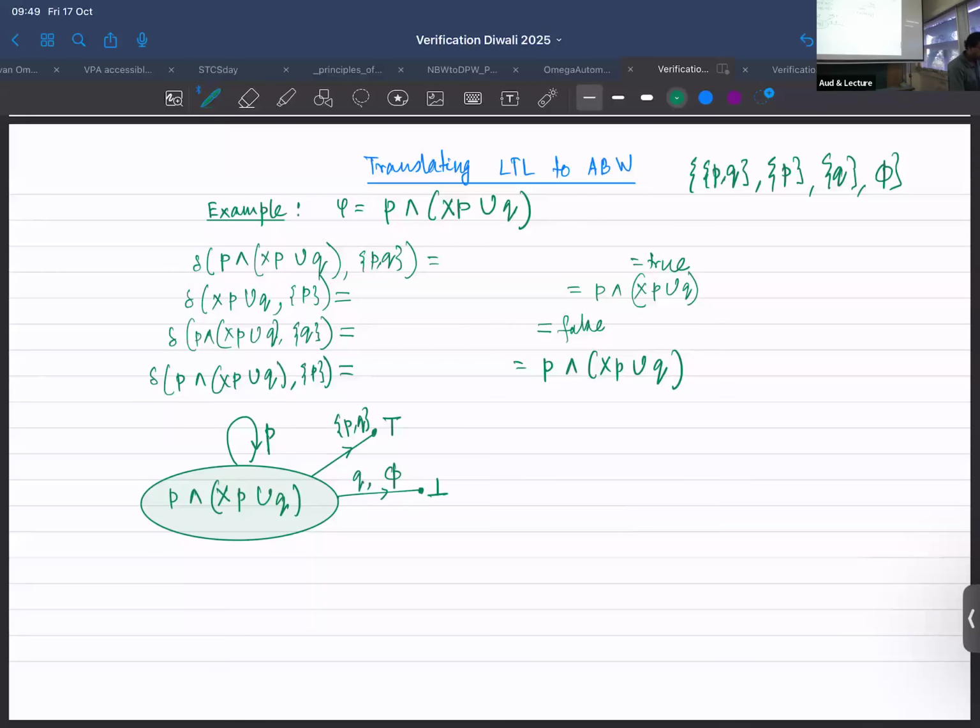First of all, it's a conjunction, correct? So delta of P comma PQ is true.